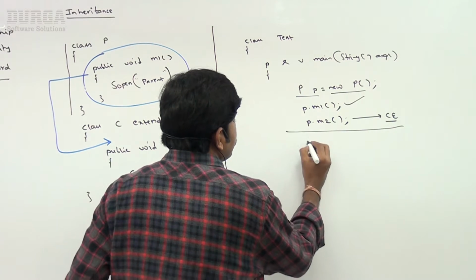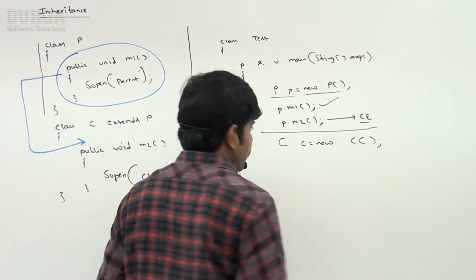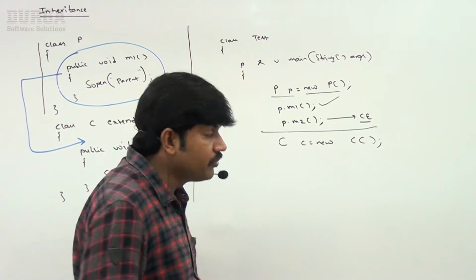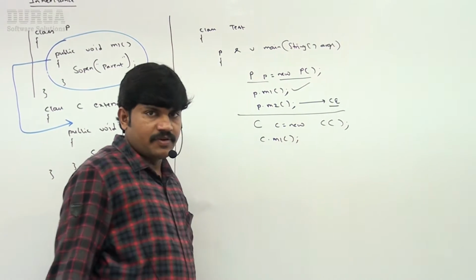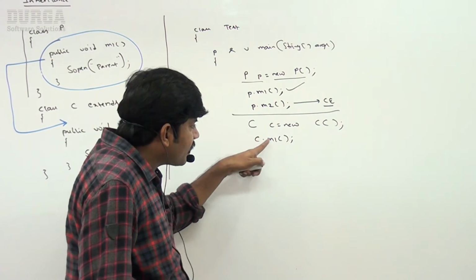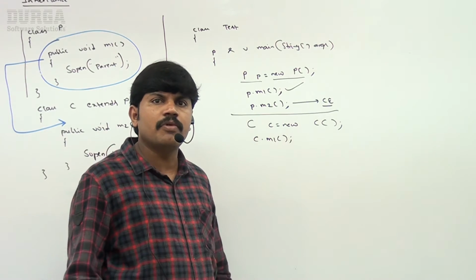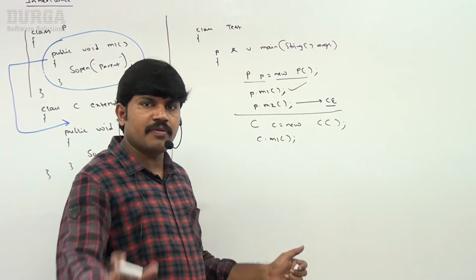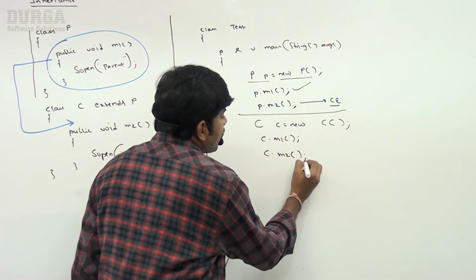Suppose I am taking Child c = new Child(); c.m1(). Sir, on the child class reference, can I call a parent class method? No problem. Parent class methods are by default available to the child. That's why it is acceptable. On c, I am calling m2.